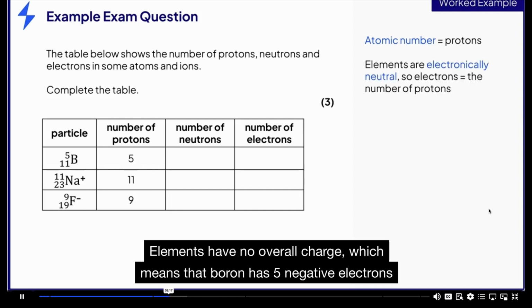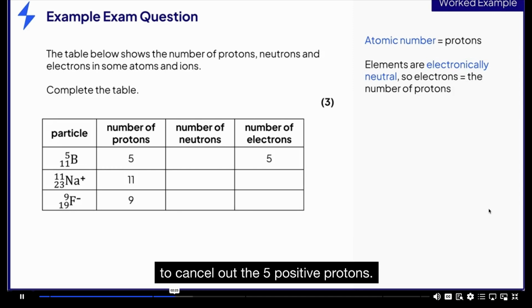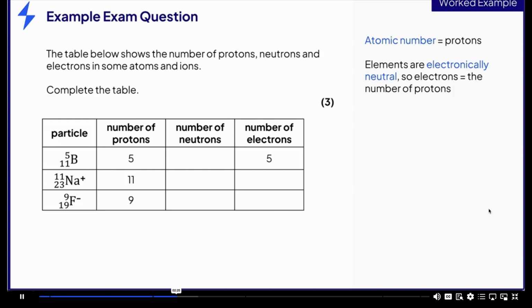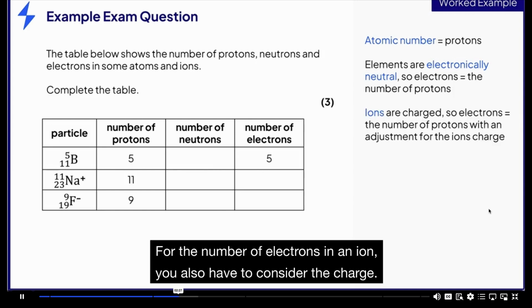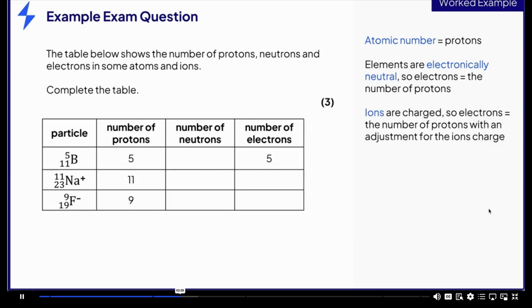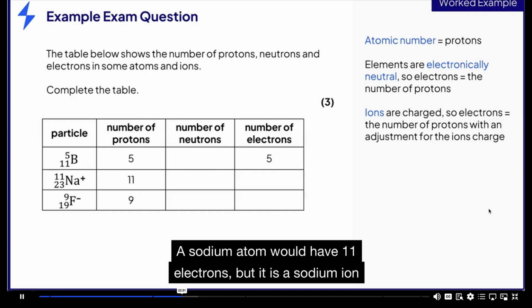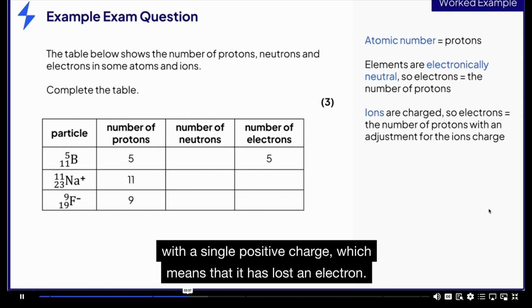Elements have no overall charge, which means that boron has 5 negative electrons to cancel out the 5 positive protons. For the number of electrons in an ion, you also have to consider the charge. A sodium atom would have 11 electrons, but it is a sodium ion with a single positive charge, which means that it has lost an electron.